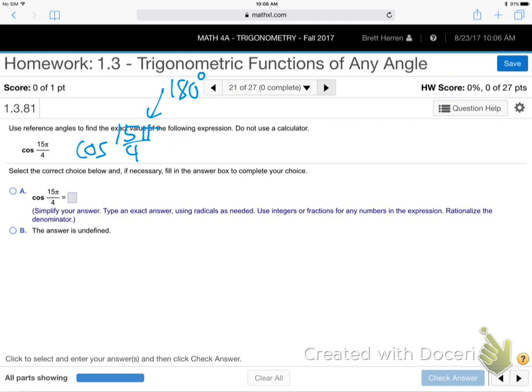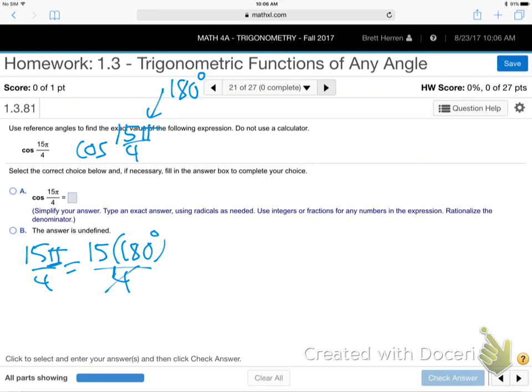So let's take that 15 pi over 4 and convert it to degrees. Good so far. I just put in 180 in the place of that pi. Now you're going to have to be able to do this by hand, right? This will be on the non-calculator part. It's a little tedious, right? I would probably do the dividing first. That would be easier because dividing makes numbers smaller.